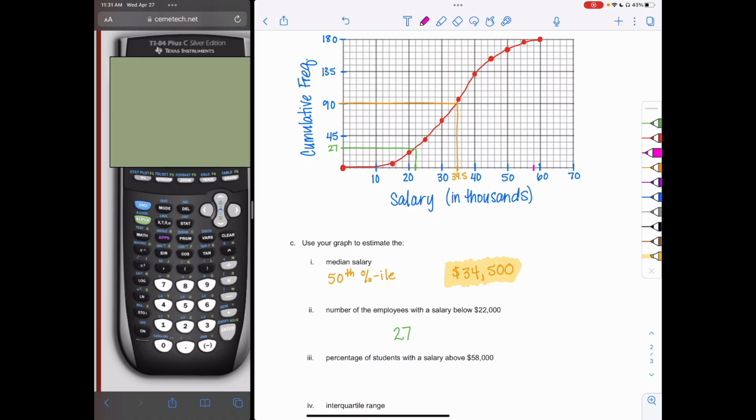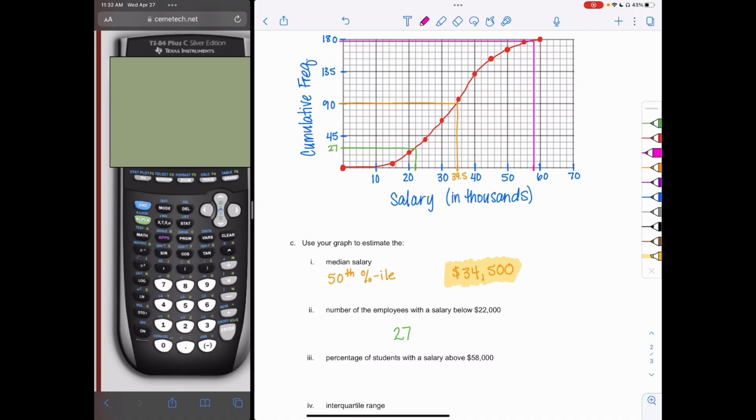And then I'm going to draw my line going up, and I'm going to touch my line here, and then I'm going to draw my line going over, and I end up being about right here.